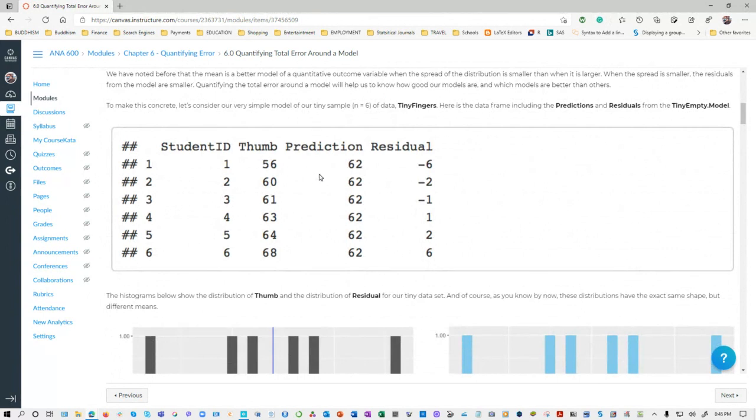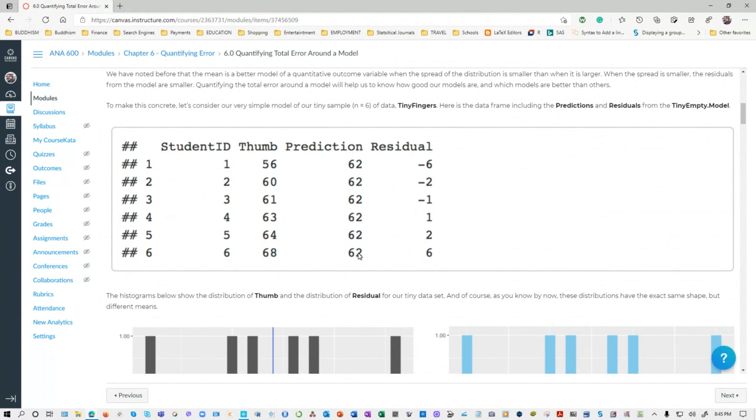I'm not trying to predict when another individual is added to this sample, to see how the next student's thumb length would be. That's a different kind of prediction. You can predict what the next student's thumb length would be, and that's the same as this one too.